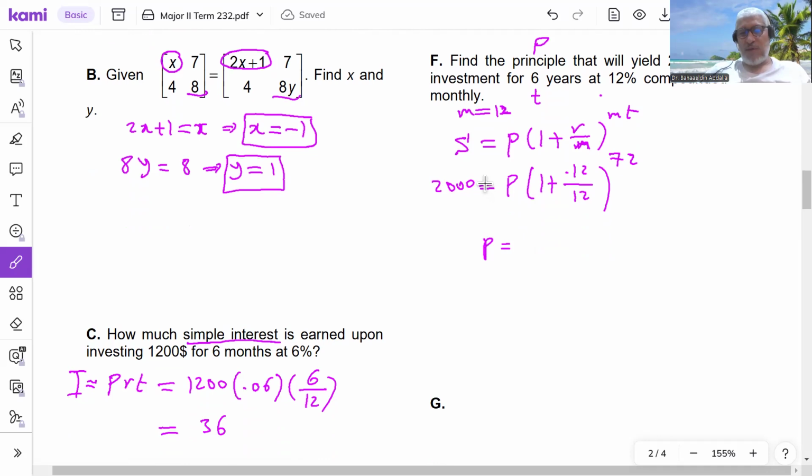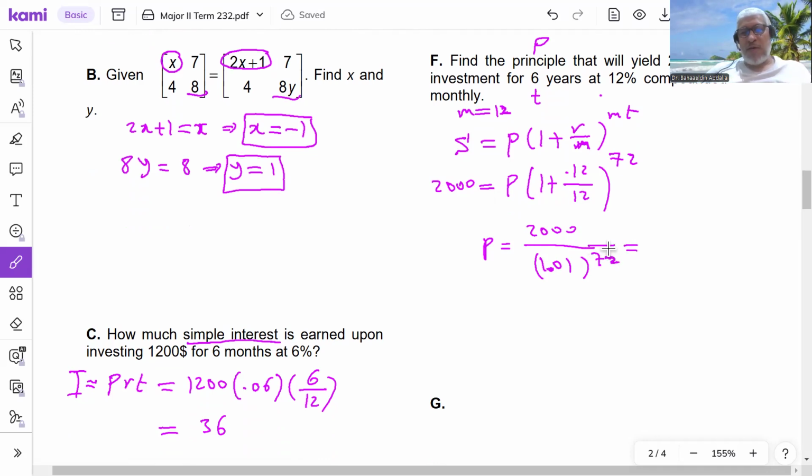P would be, you divide 2000 by this. Well, 0.12 divided by 12 is just 0.01. 1 plus 0.01, I will write it like this, to the power 72.